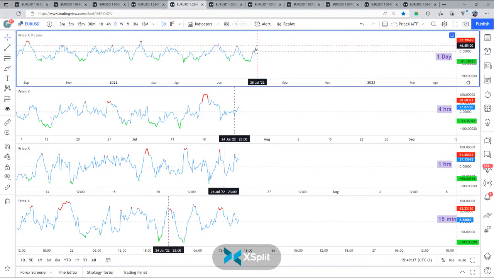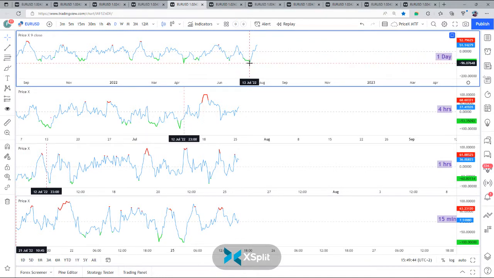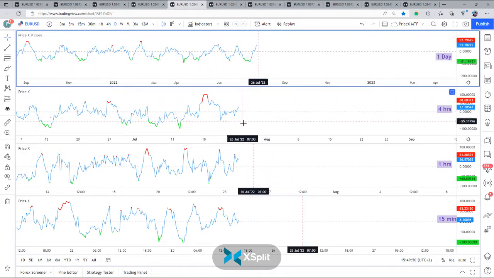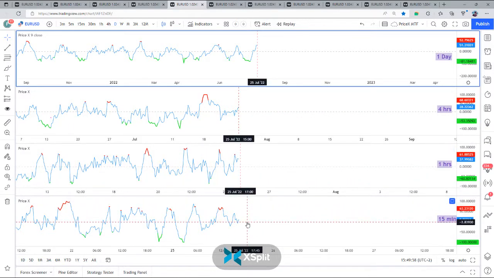On the daily, you see we had this push after this daily bullish setup inside the big monthly I just spoke about. Then we look to have a confluence of signal in the shorter time frame, and you see that we are in the middle of nowhere on the 4 hours, on the 1 hour, and the 15 minutes.